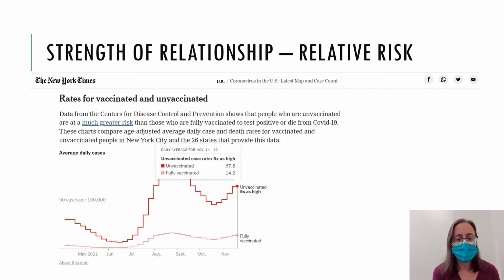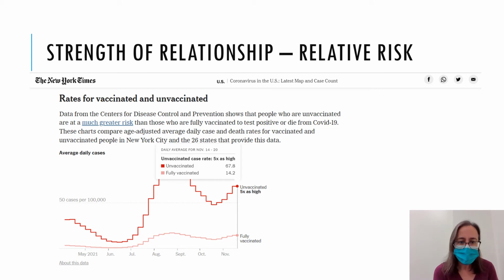And the strength of this is that they're looking at, okay, of all the fully vaccinated people, what proportion got COVID? And of unvaccinated people, what proportion of unvaccinated people? Right? So they're looking at the incidence rates within each population, which is the right way to do it.